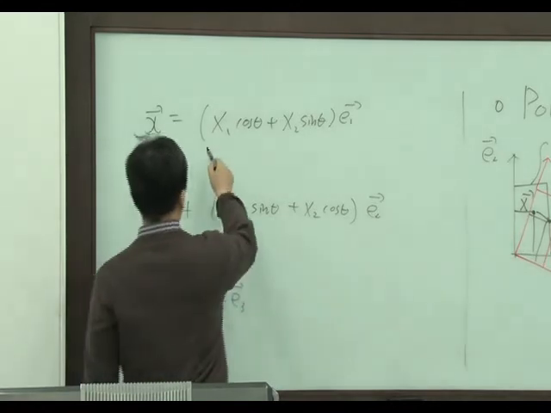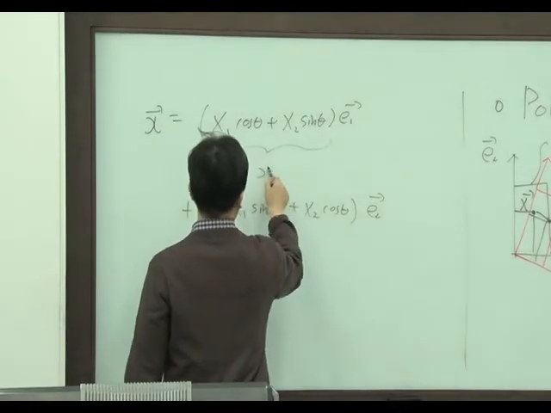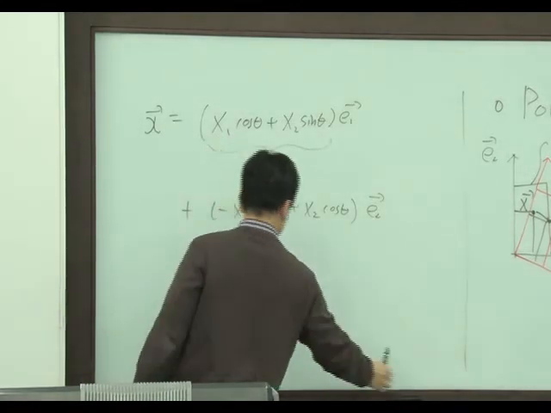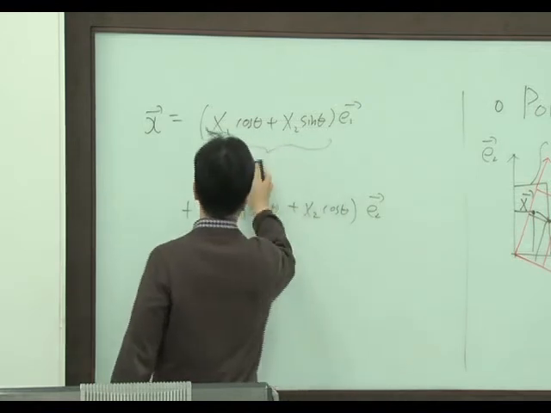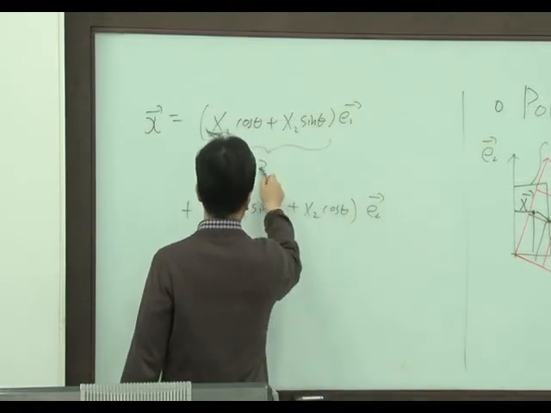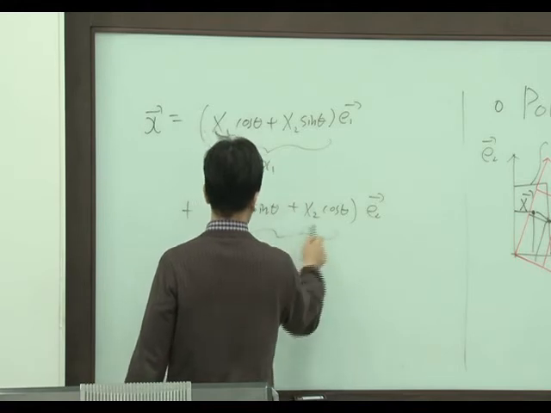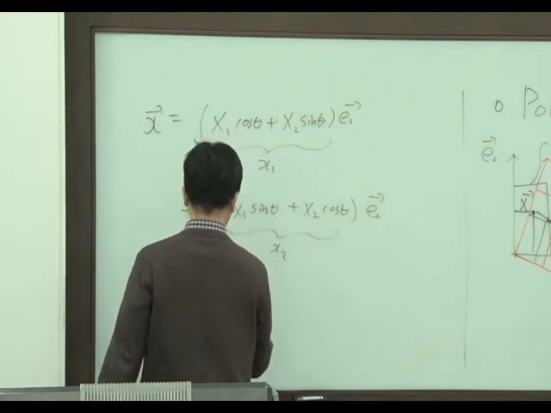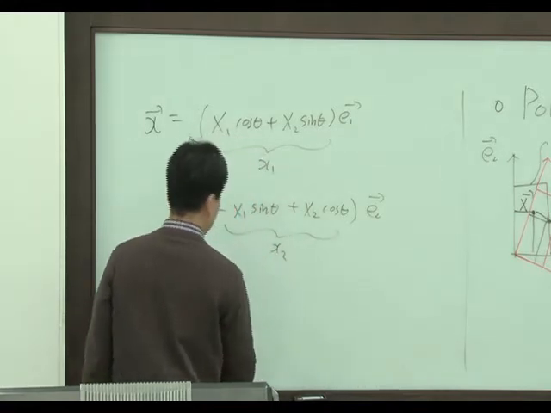And here the first term becomes the current position x1, second term x2, third term x3.